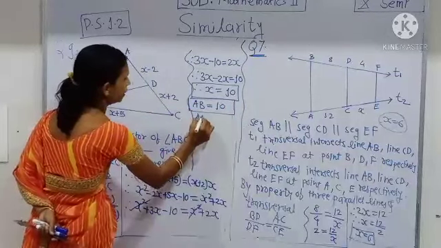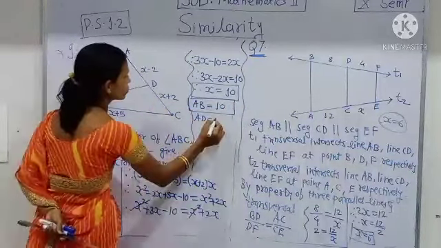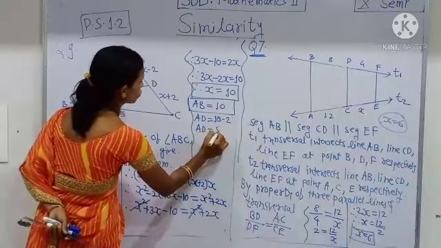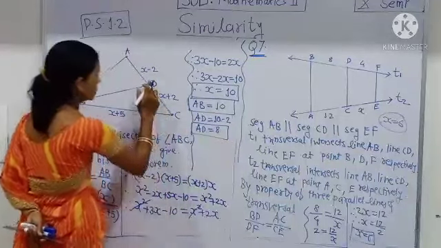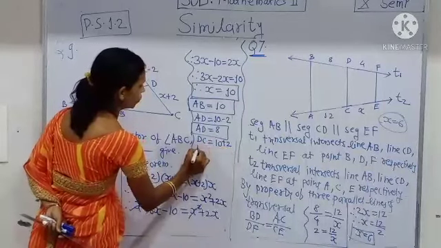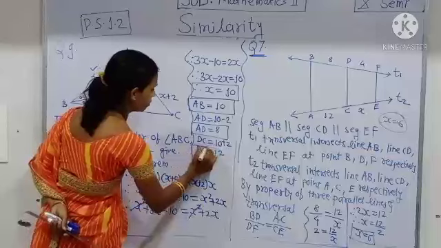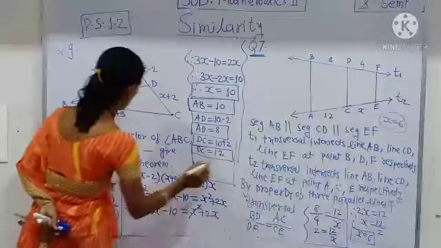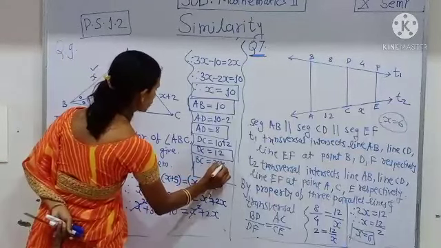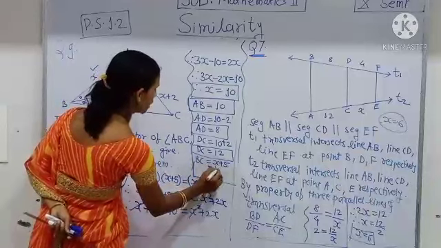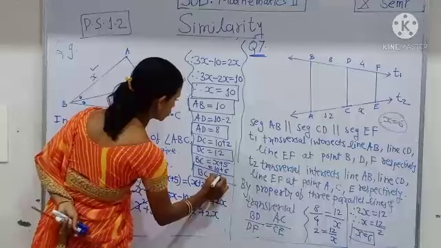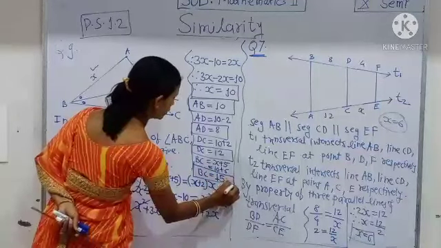Similarly, AD is equals to x minus 2, that is 10 minus 2, that is AD is equals to 8. Similarly, DC is equals to 10 plus 2, that is DC is equals to 12. And here BC is x plus 5, that is 10 plus 5, that is BC is equals to 15.